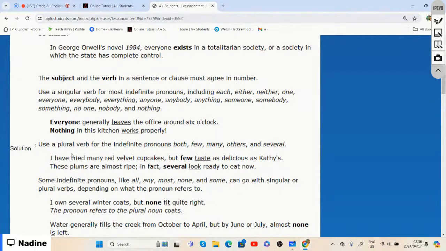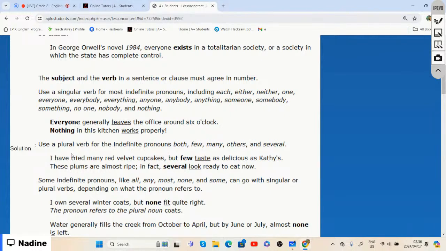So everyone, for example, generally leaves the office around 6 o'clock. And another example, nothing in this kitchen works properly, right? That is when we use one of those indefinite pronouns with a singular verb.